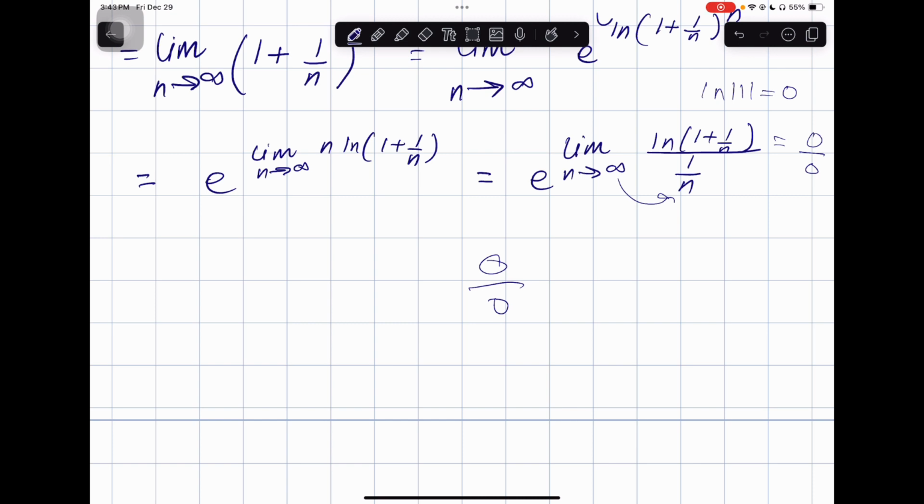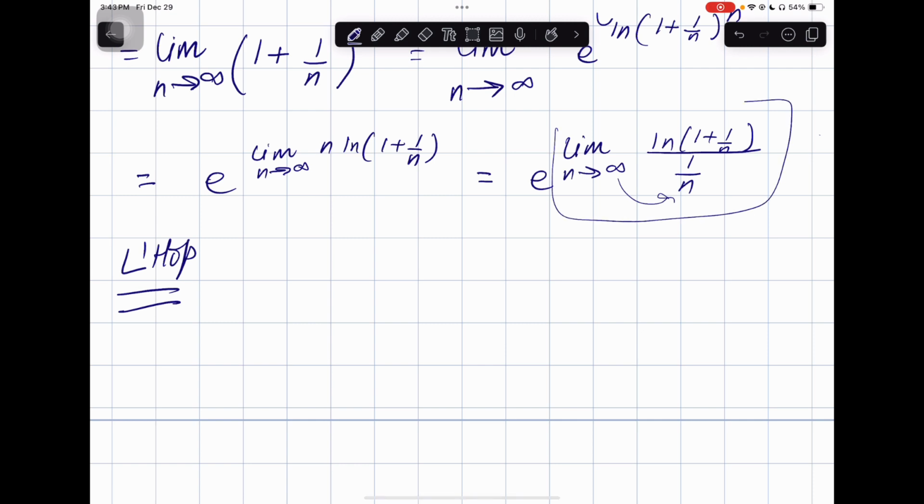So now we are in this format, and now what we can do is use L'Hopital's rule. Since this is in 0 over 0 form, we use L'Hopital's rule. By now, I'm sure you must have already discussed this, so I'm not going to go through the details. If you use L'Hopital's rule for this, the answer is e to the power 1, which is equal to e.